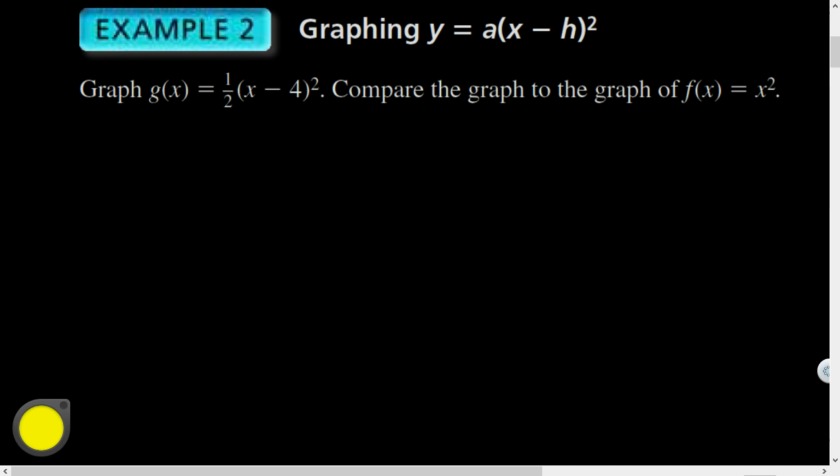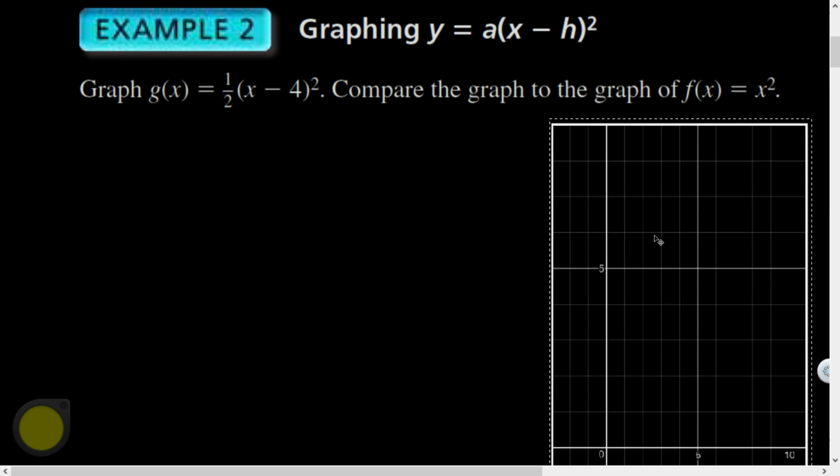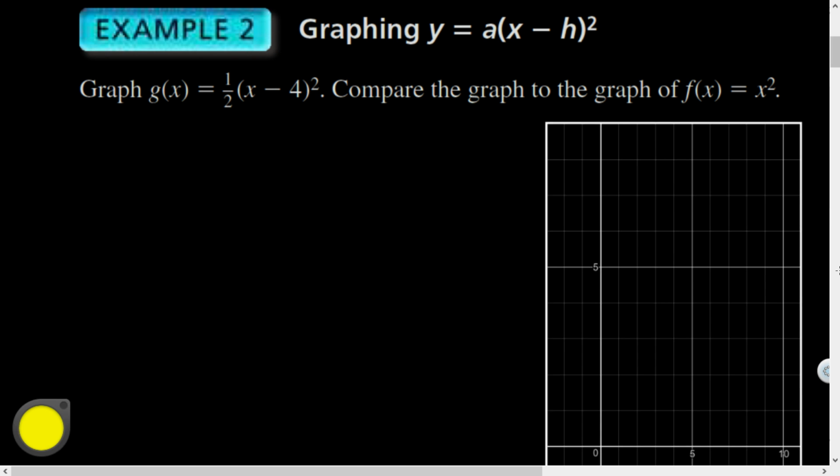Because these are all just transformations of a parent function. Okay, so let's label some of what we know. So I know that a is equal to a half, the number in front, right. And I know that h is equal to positive 4.